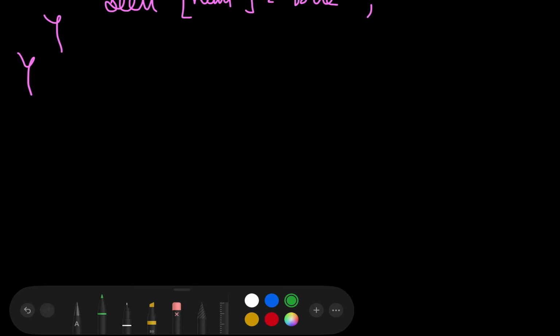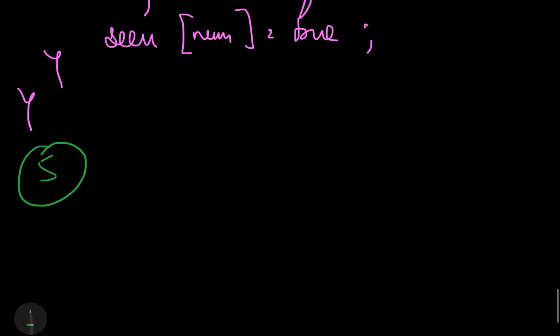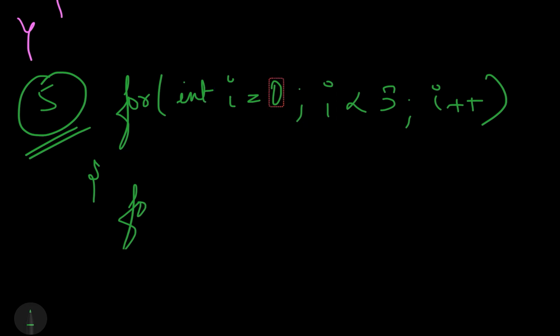So let's check our fifth check, which is checking the sum of rows. So it is for int i equal to 0, i less than 3, i plus plus.